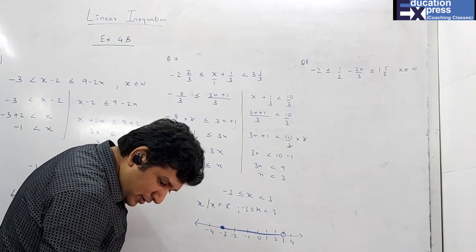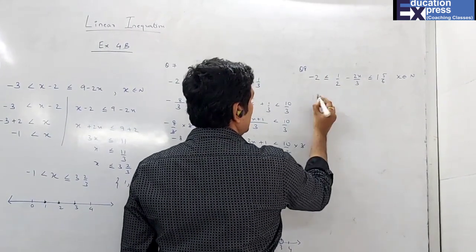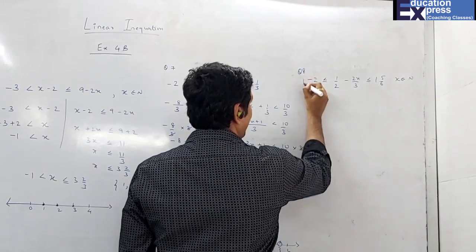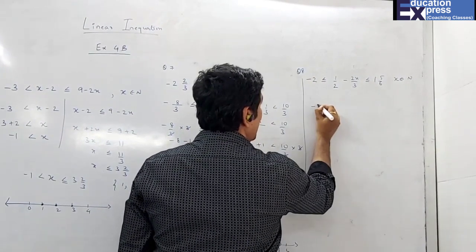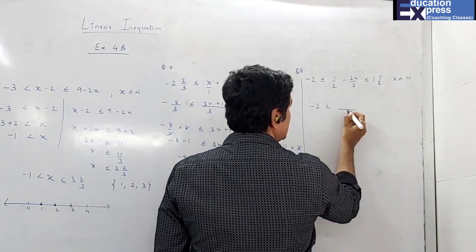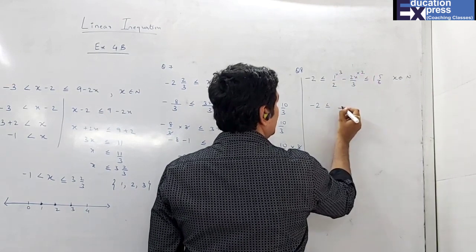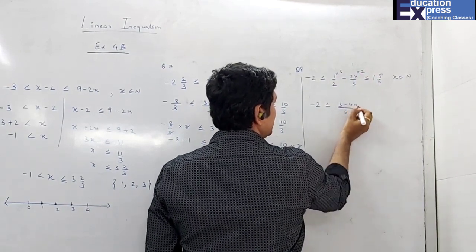And now we have to show it on the number line. I have shown you earlier also, but now one sign at a time. So -2, here the LCM is not the same. So 2 and 3 LCM is 6. Into 3, into 2, 3 minus 4x.